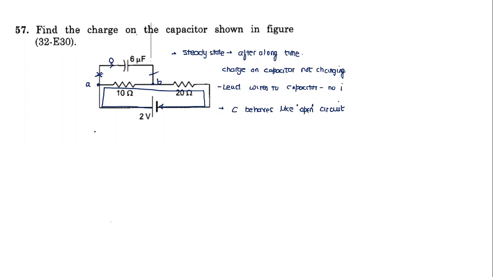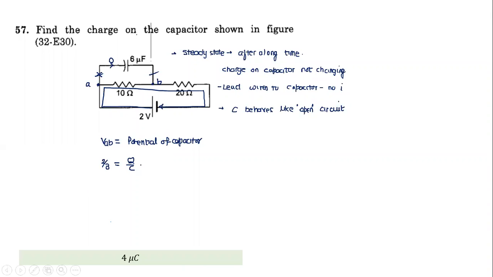So the potential of the capacitor will be equal to VAB. We can use that concept to find the charge. Potential here will be 2 by 3 volts, which has to be equal to Q by C.